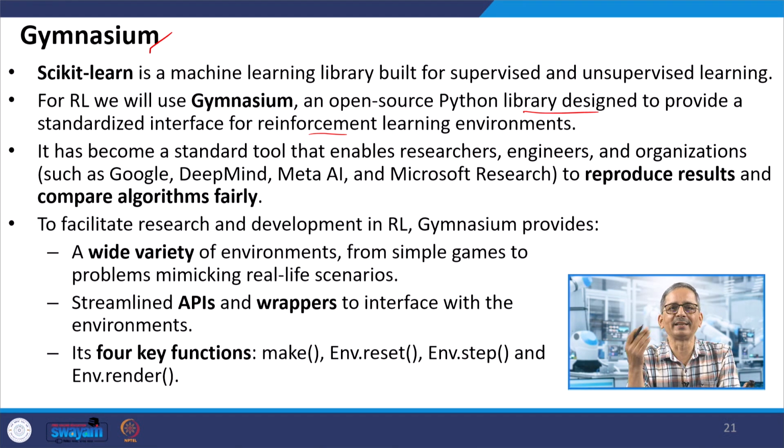And to facilitate research and development in RL, Gymnasium provides a wide variety of environments, a streamlined API and wrappers to interface with the environment, and the 4 key functions, that is make, environment reset, environment step, and environment render.